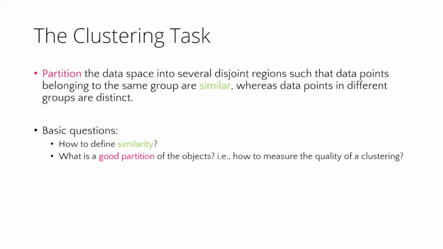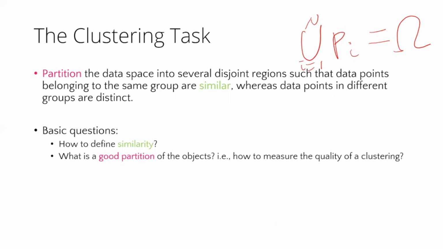Now, the clustering task, mathematically speaking, is about the partition of the data space. Partition is a mathematical term about splitting a space into several regions that are disjoint from each other. Let's say we have n partitions; then the union of those n partitions must be the total set, which we'll call omega.